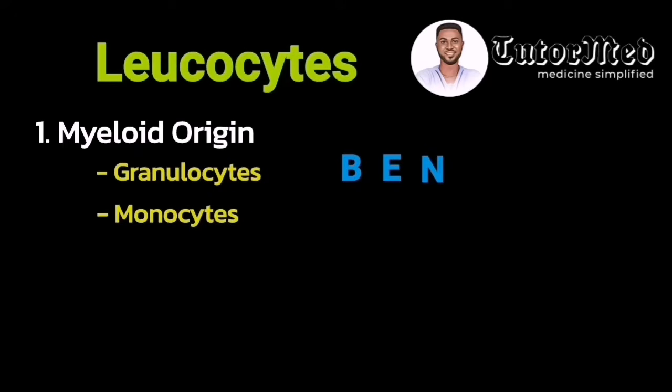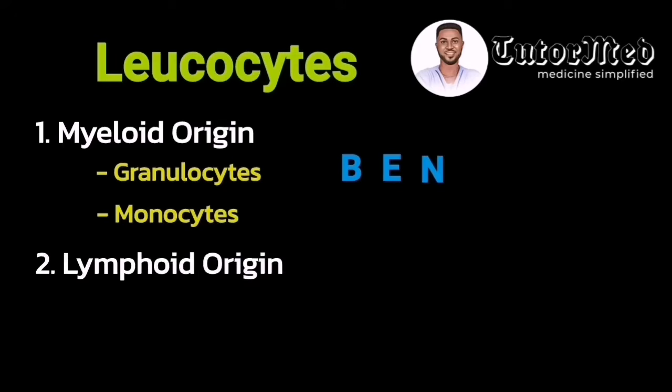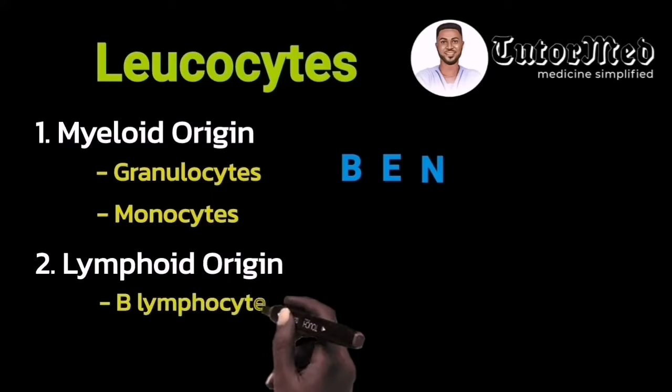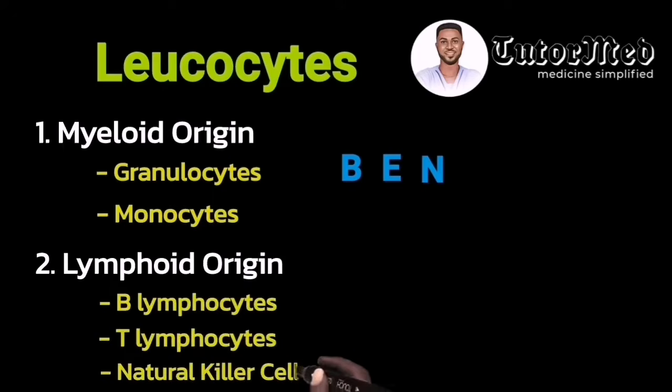Now let's take a look at those which come from the lymphoid ancestry. Together, these are called lymphocytes. We have the B lymphocytes, the T lymphocytes, and the natural killer cells. You may be wondering, where are the macrophages and where are the mast cells?